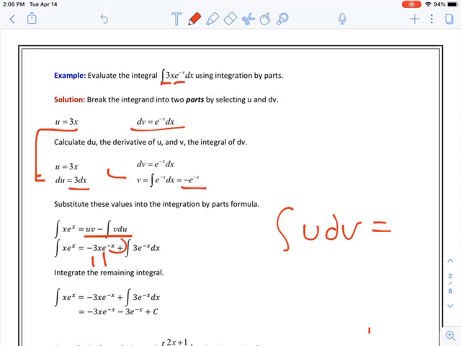Once you have that, the last thing to do is to find the antiderivative of 3e to the negative x. And once again, that's going to become negative 3e to the negative x. And so our final answer is negative 3x e to the negative x minus 3e to the negative x plus c.